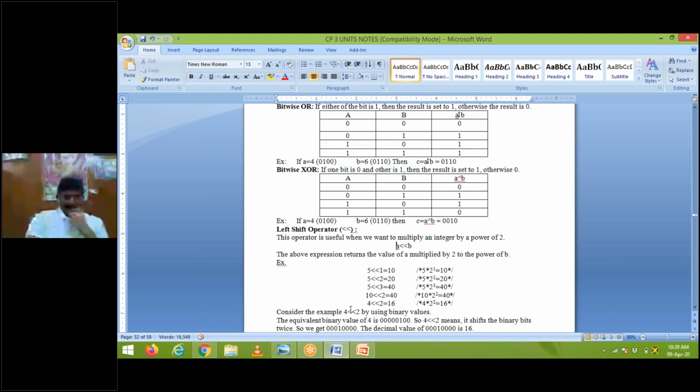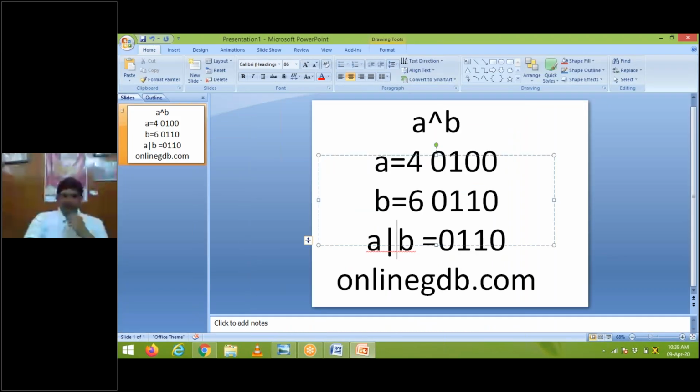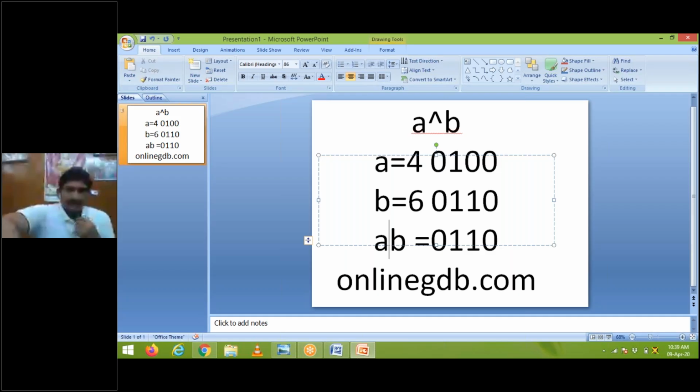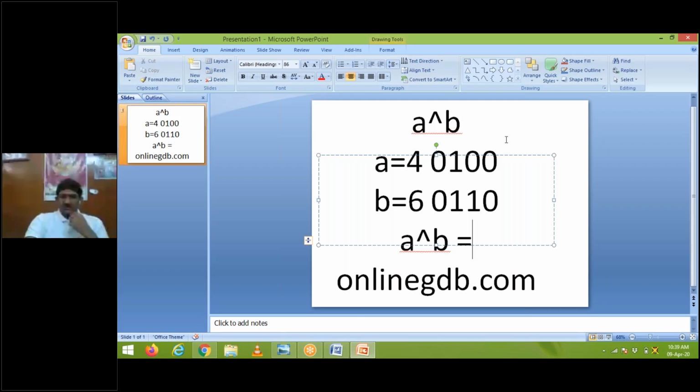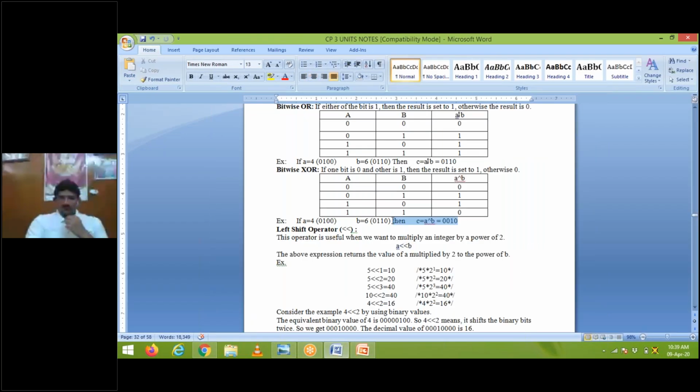Okay, now we'll move to the example. A value 4, B value 6, the same example I am declaring here. A exclusive OR B. Tell me, what are the last digits? 0 and 0 means 0 only. 0 and 1 means 1. 1 and 1 means 0. 0 and 0 means 0. Because only in the last-but-one digit is there 0 and 1, the remaining are all 0. So the result will be 0 0 1 0.